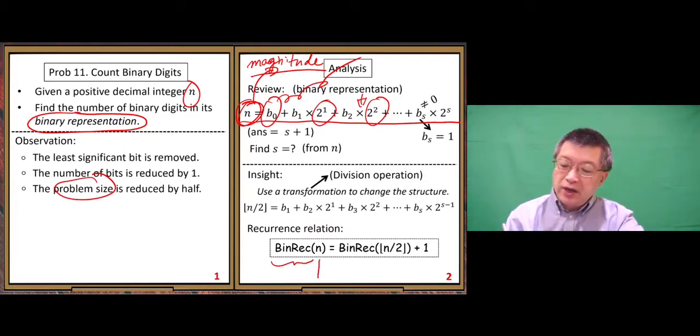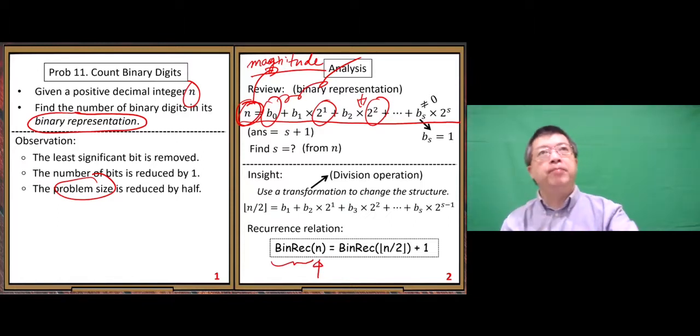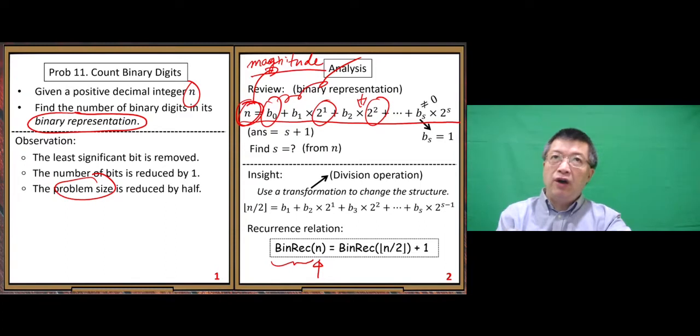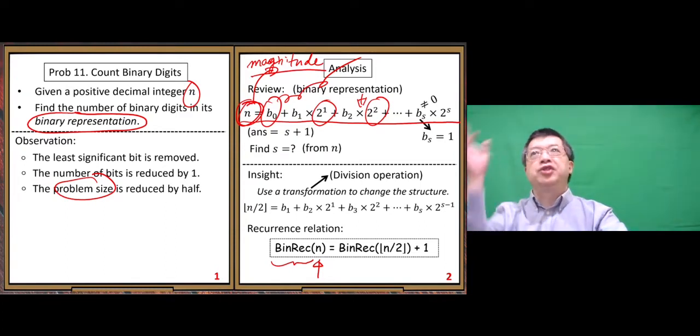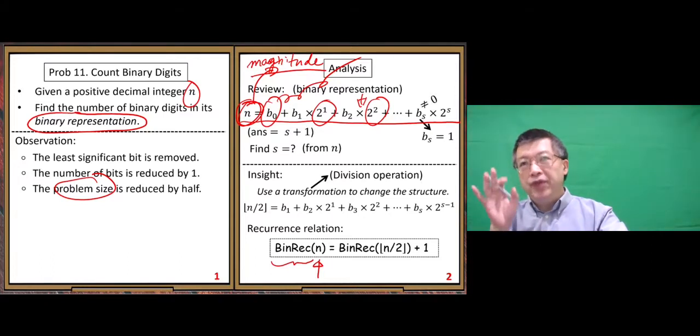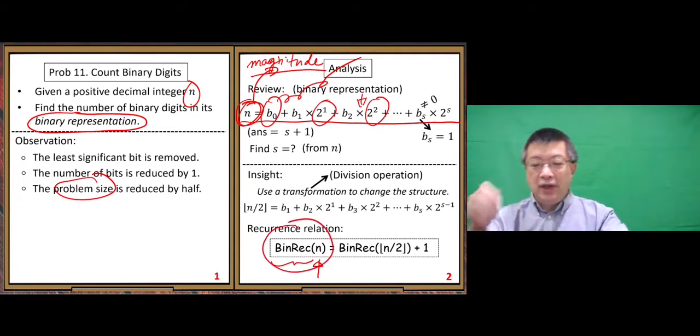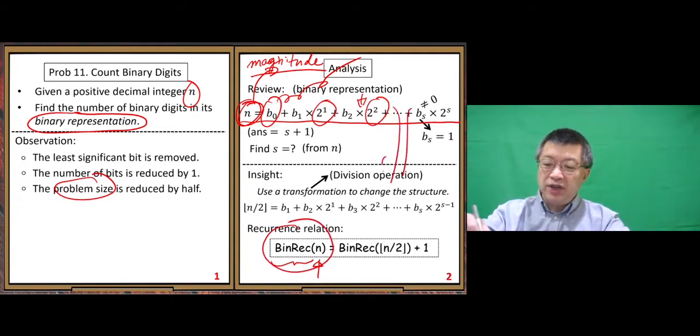Given problem size n, magnitude, this function returns the number of total bits. That's what we need. Based on this definition, if we need to find this value, we do a transformation here.